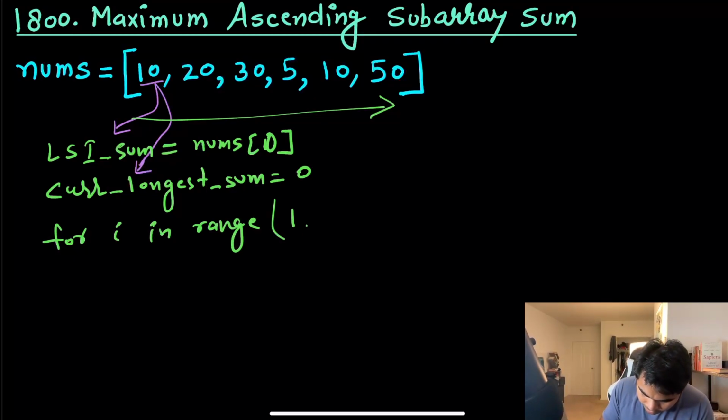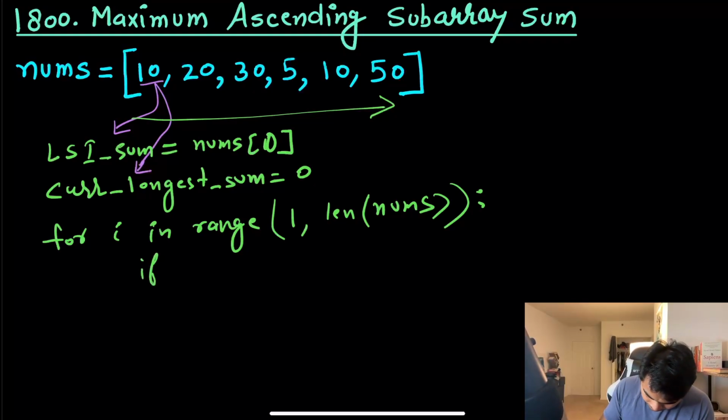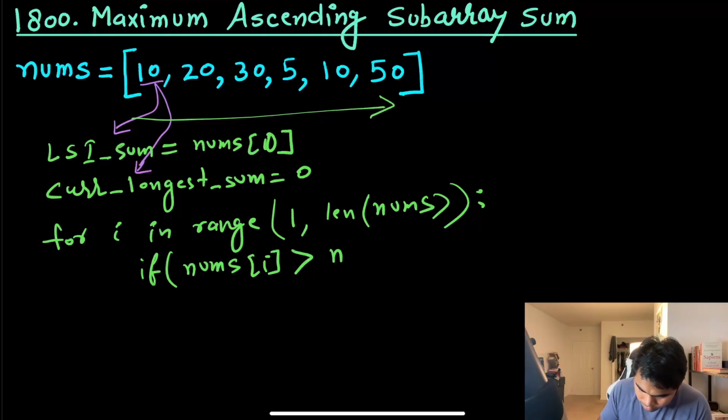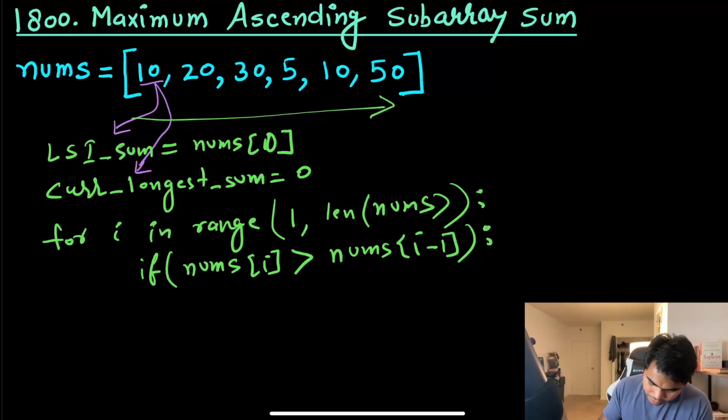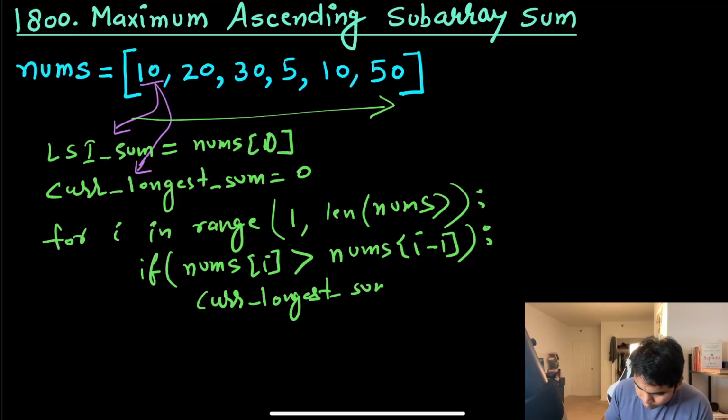So for i in range, I will start with 1, go up to length of nums. And then if nums at i is strictly greater than, not just greater than, not or equals to, nums i minus 1, that means I can add that value to my current longest sum, plus equals that value.